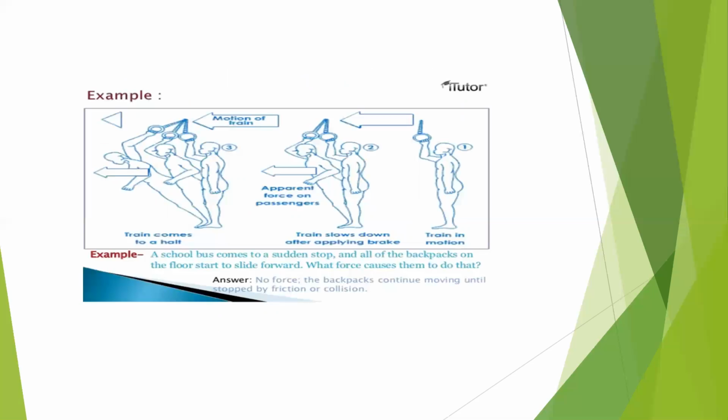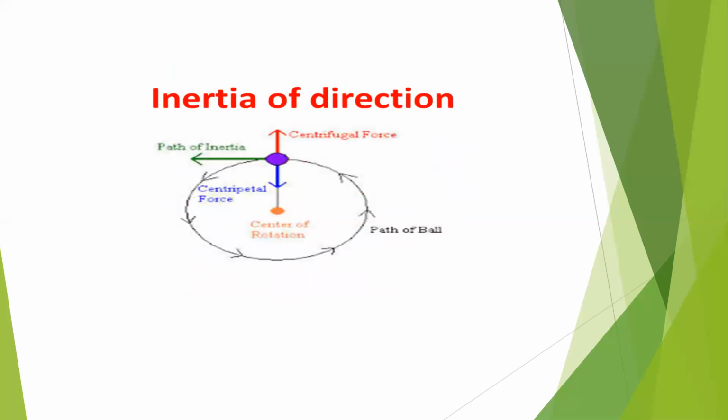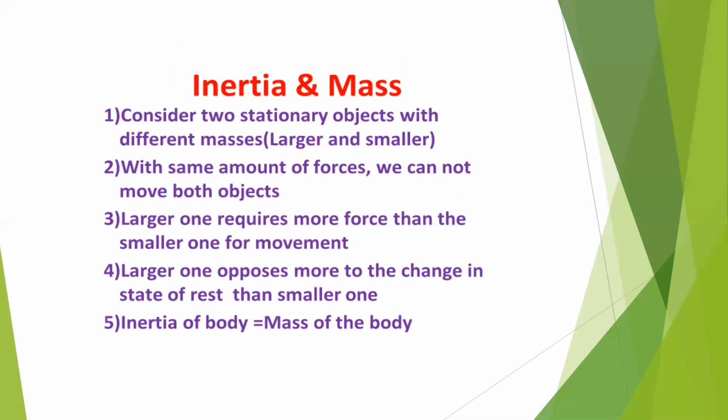We discussed the example. Inertia of direction is the tendency of a body to oppose any change in its direction of motion. Here also we discussed examples.